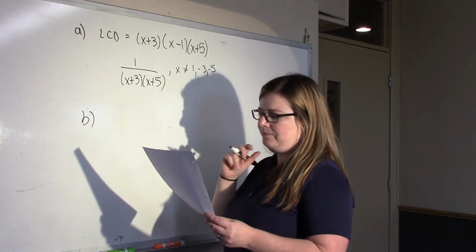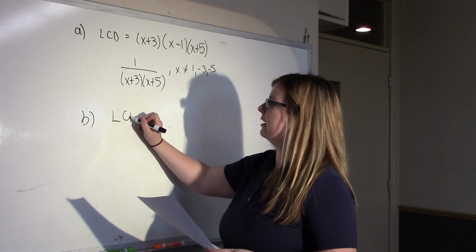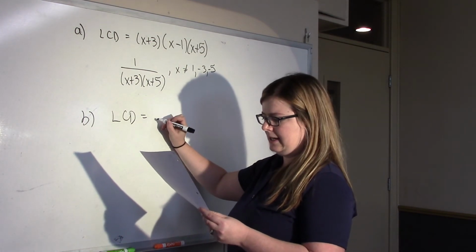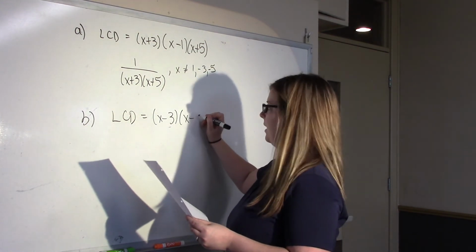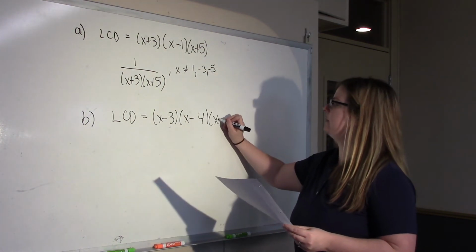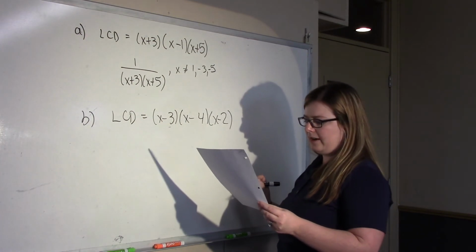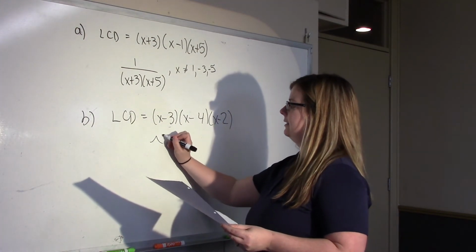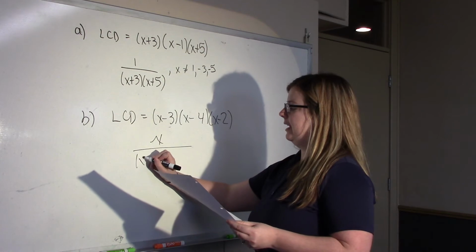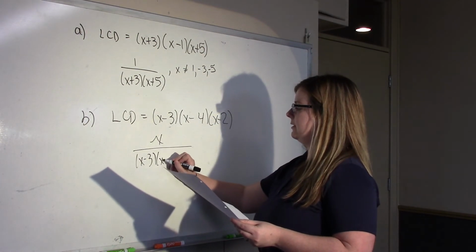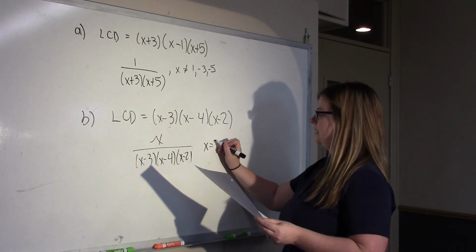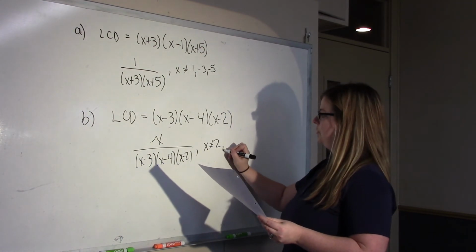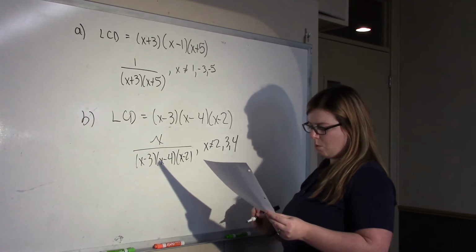Okay, for B, your lowest common denominator should have been x minus 3, x minus 4, x minus 2. And your final answer should have been x over x minus 3, x minus 4, x minus 2, and x cannot equal 2, 3, or 4.